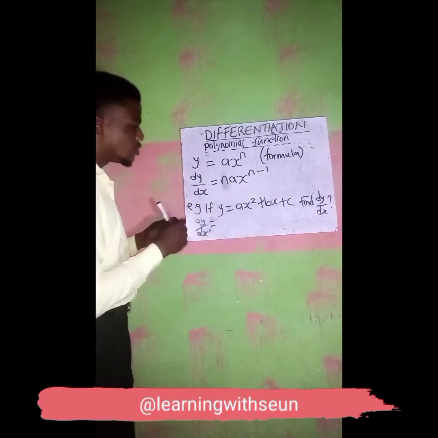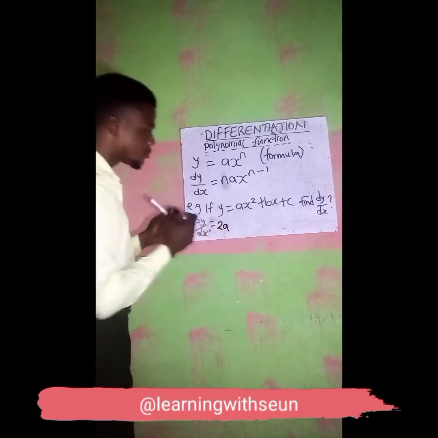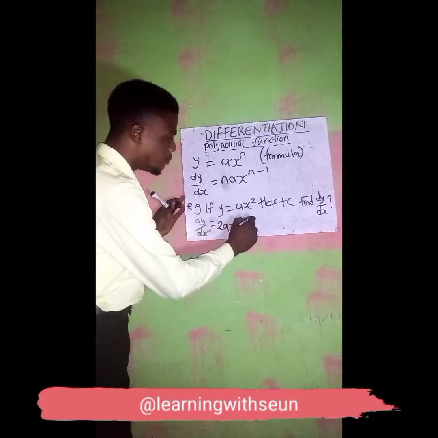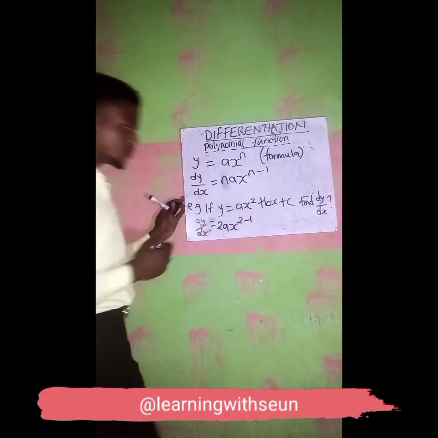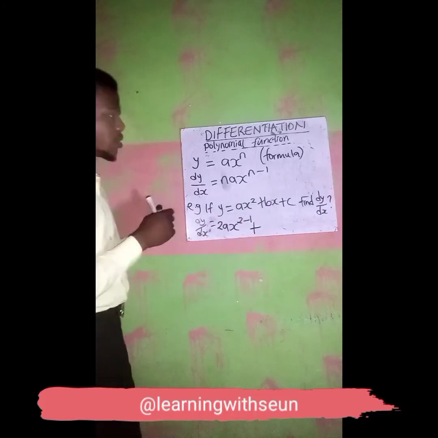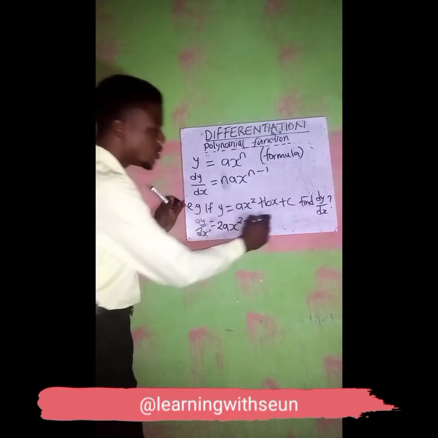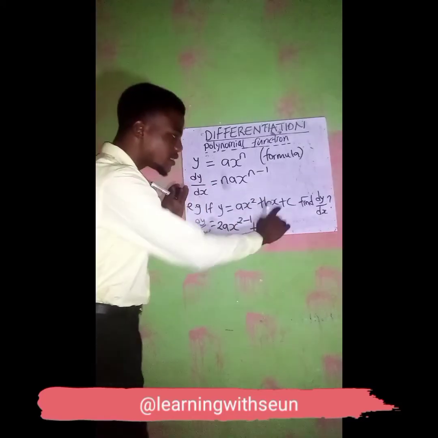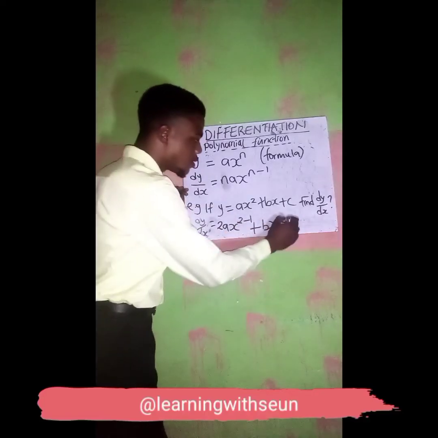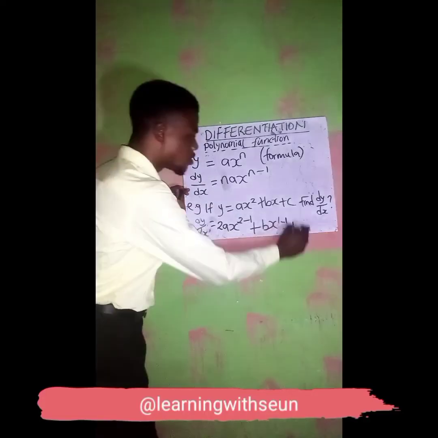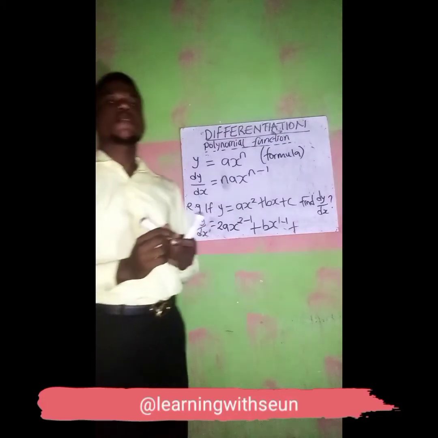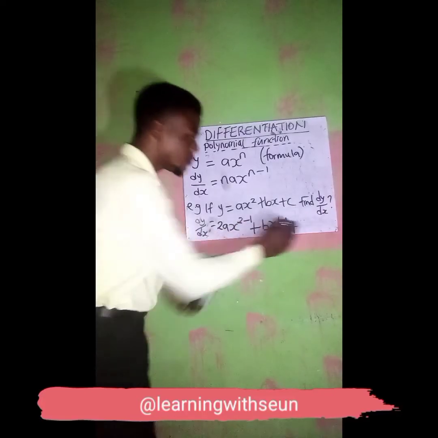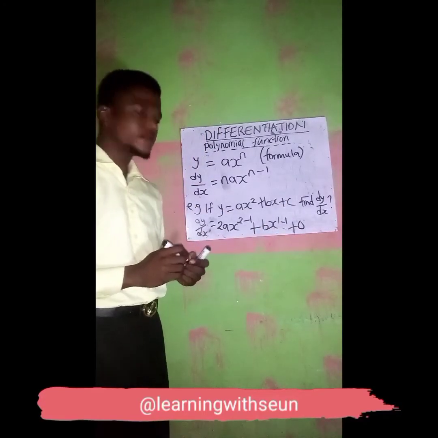That's 2 times a, which gives us 2a, then x, this 2 minus 1, then plus, here we have 1 multiplied by b, that's bx to the power of 1 minus 1, plus, so this c is a constant. In differentiation, whenever you are differentiating a constant, it gives you 0. I hope that is clear.